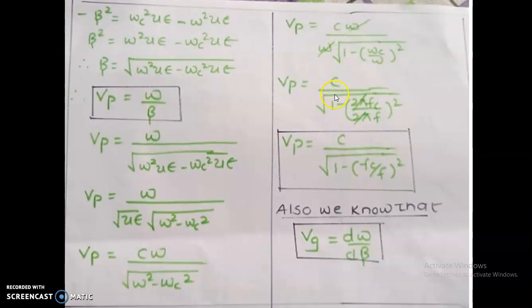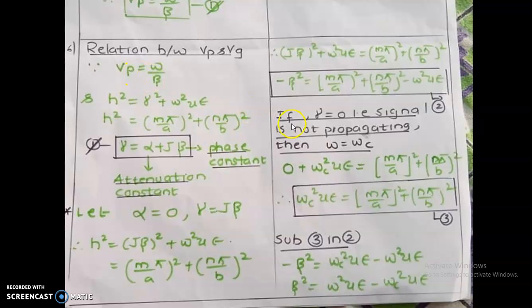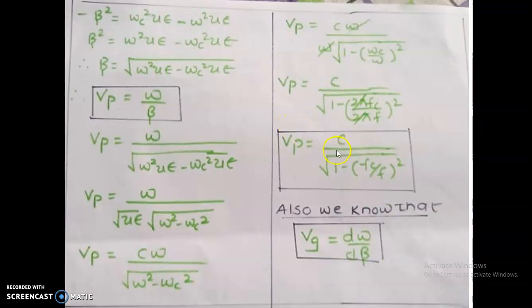Now the expression will be c by root of 1 minus omega c by omega whole square. This omega c can be written as 2 pi fc by 2 pi f. 2 pi gets cancelled. Now the phase velocity is defined in terms of the ratio of cutoff frequency to frequency. So what you have understood is that the phase velocity is converted into terms of cutoff frequency.